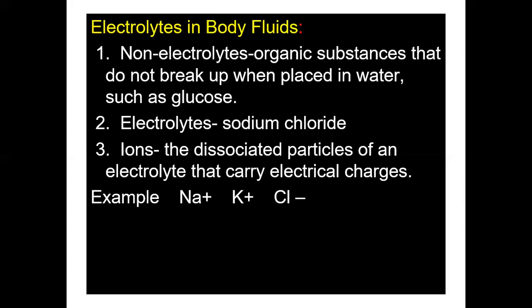These charged particles, if they're dissociated and broken apart, float around in the fluid system in our body and are transported through our bloodstream. Bicarbonate is another example, HCO3. This doesn't have to all be minerals or individual substances. Bicarbonate is a molecule made up of hydrogen, carbon, and oxygen.